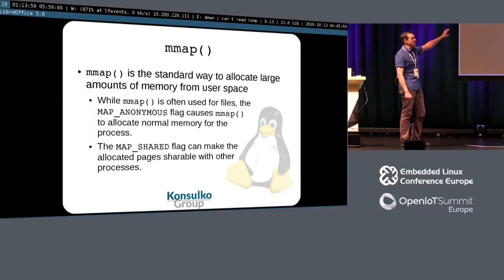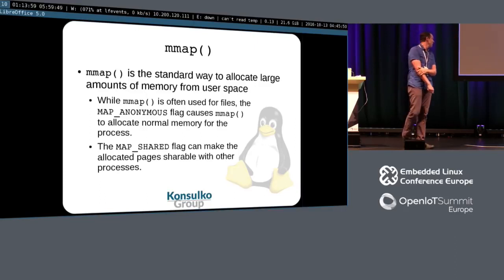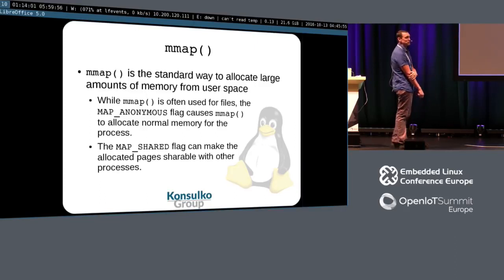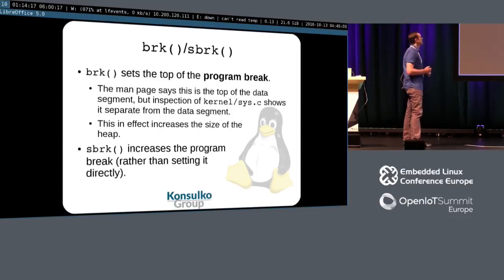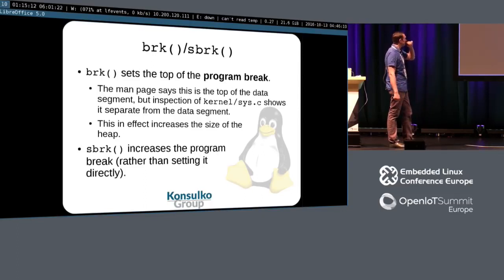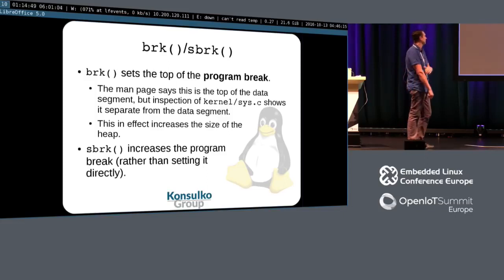So if you use map anonymous, you get allocated normal memory. The shared flag allows us to share that memory with other processes. All right, so brk, why is it called break? That's the top of the program break, legacy terminology. And effectively you increase the heap size with that, as we were saying.